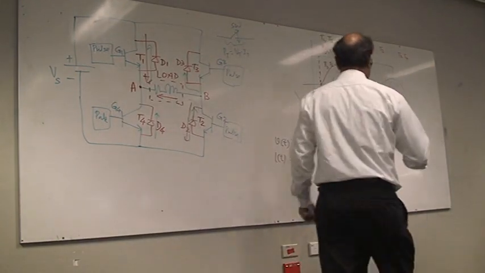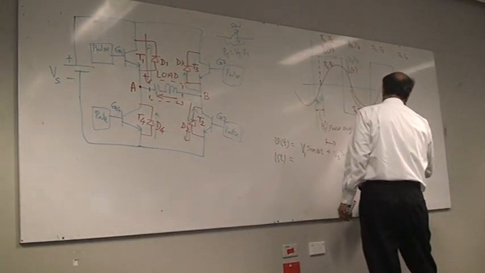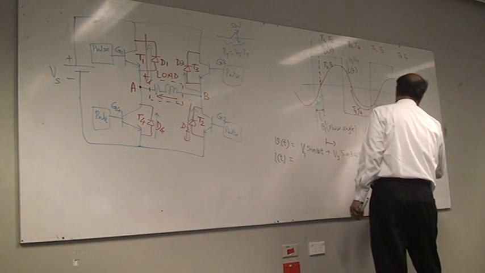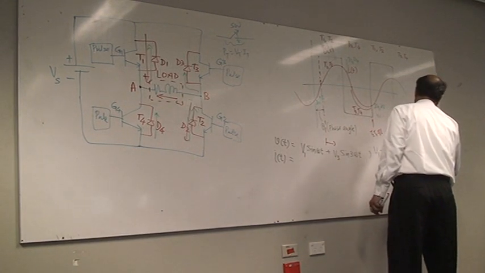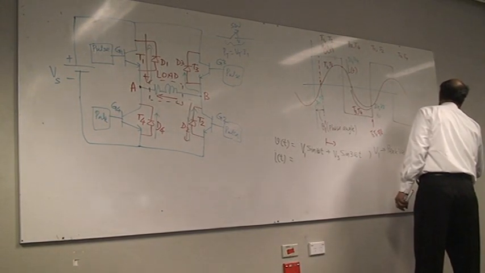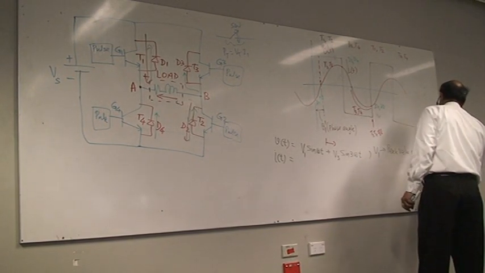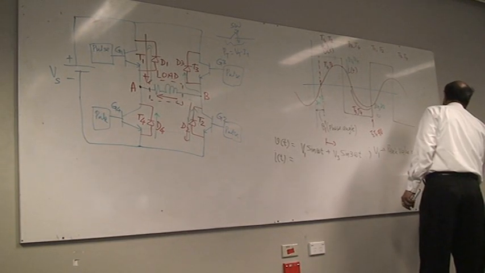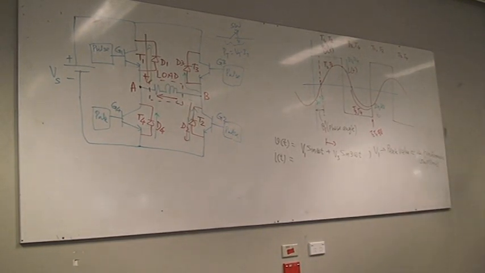So this V1 is the peak value of the fundamental. Some people also call the fundamental the first harmonic, but we don't call the fundamental a harmonic, we call it the fundamental.